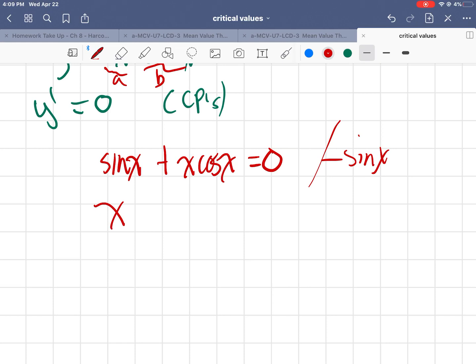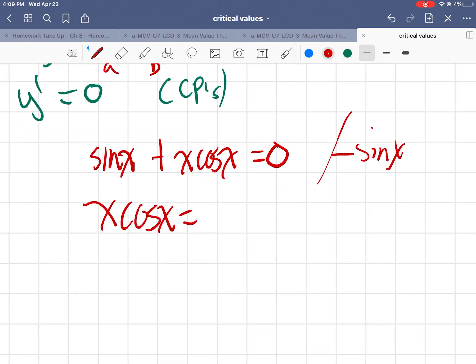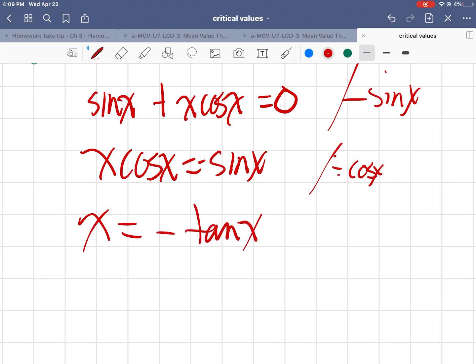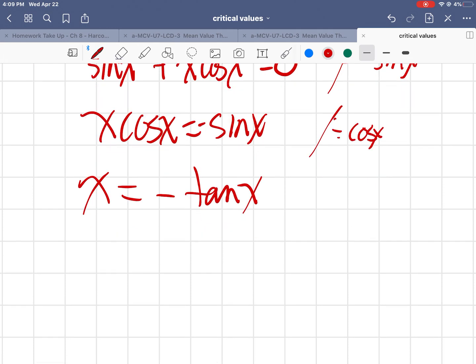And I end up with x cos x equals negative sine x. And then I would divide both sides by cos x. And I would end up with x equals negative tan x, or negative x equals tan x.